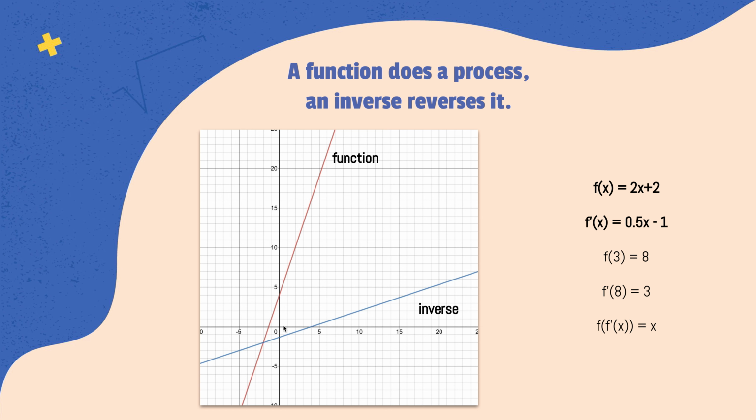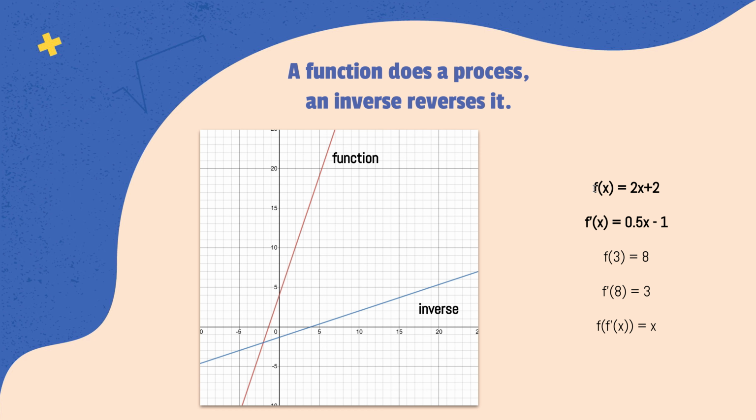If we put an input value of 4 into the inverse, it gives an output value of 0. Similarly, if I give an input value of 2 into the function, it gives an output of 10. If I give an input of 10 into the inverse, it gives me an output of 2.